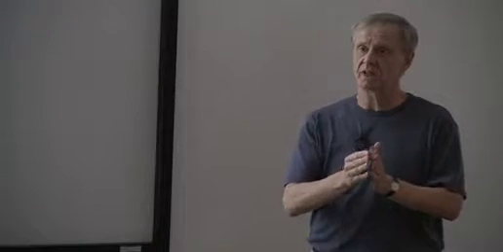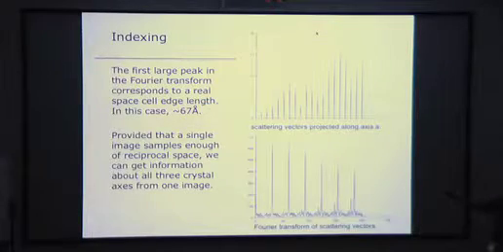If you have a set of regularly spaced peaks arising from these points on the vector, then because Fourier transforms are particularly good at picking out regular features, you'll get large peaks in a Fourier transform. The first plot is a plot of scattering vectors projected onto a unit cell, a real space unit cell axis.